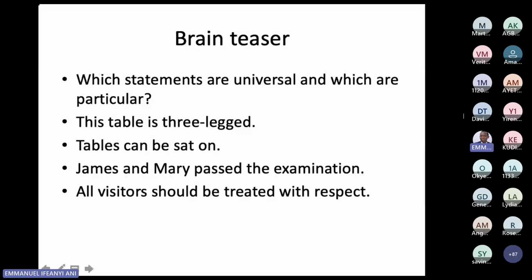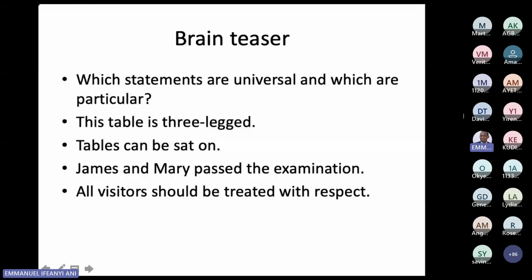Particular. Peter. Okay, particular. The second one: tables can be Saturn. Universal. Yeah. James and Mary passed the examination.